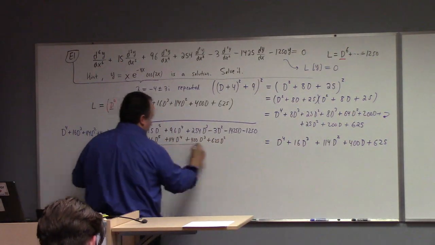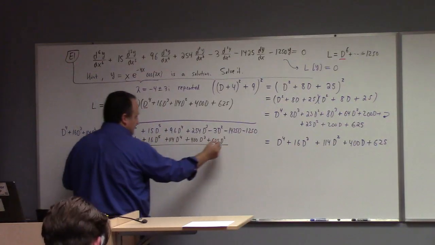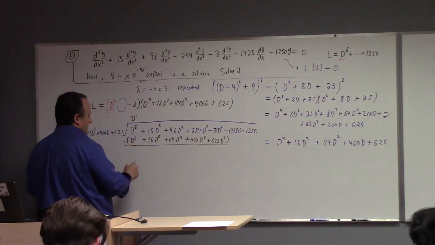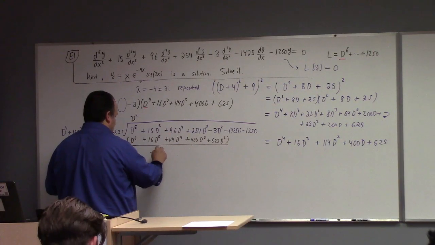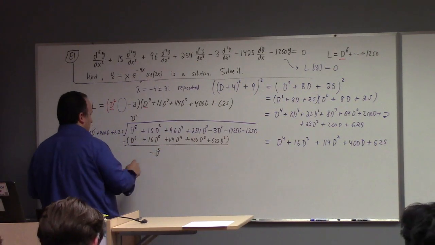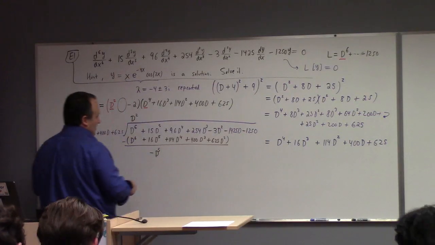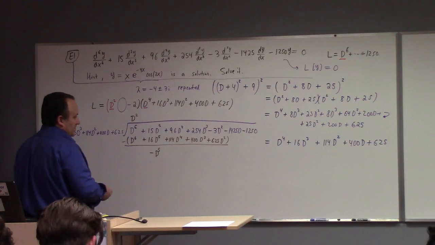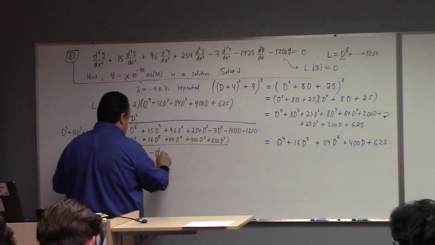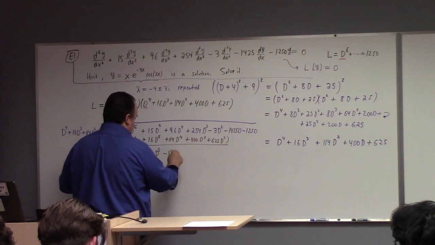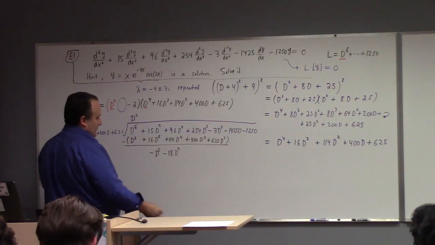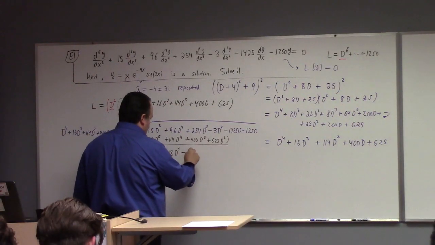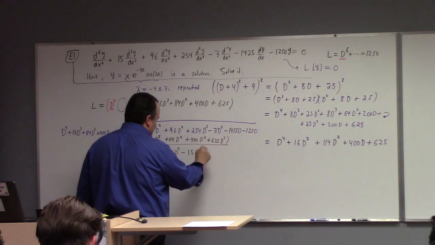So you take that and subtract it. Lo and behold, you get minus d to the fifth, minus 18 d to the fourth, minus 156 d cubed. I hope you're right.